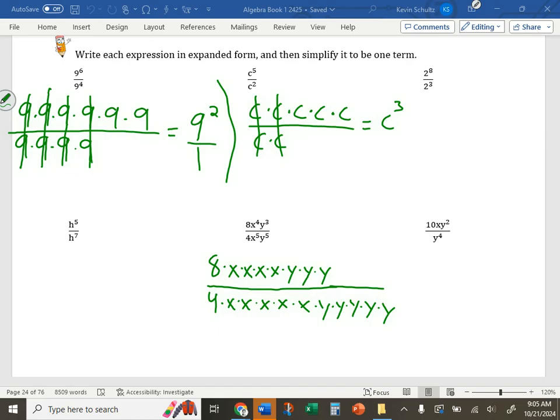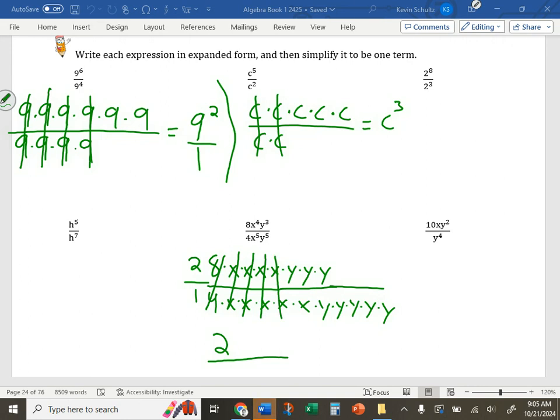Coefficients. 8 minus 4? No. What do we do with the coefficients? Simplify them. 8 fourths becomes what? 2 over 1. Okay? So I know that my answer is going to have a 2 in the numerator. If I want to put the 1, I can. I don't have to. My x's cancel, cancel, cancel, cancel.